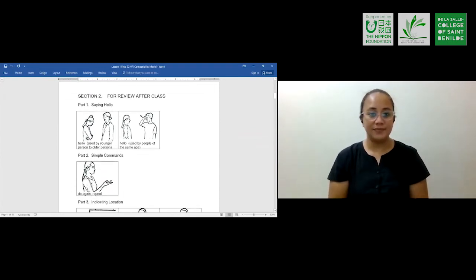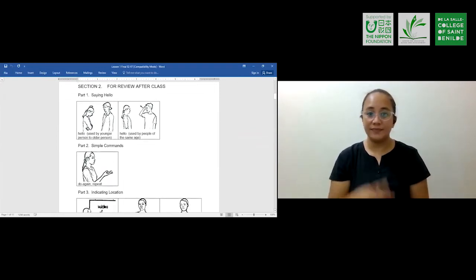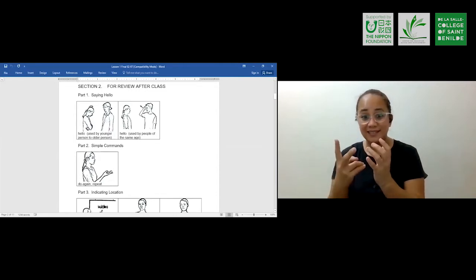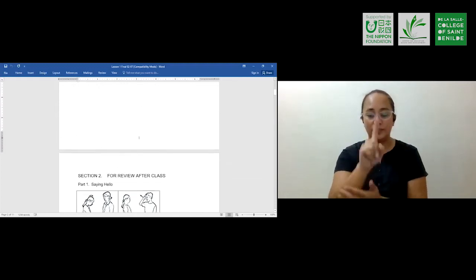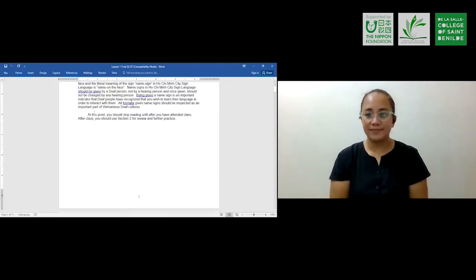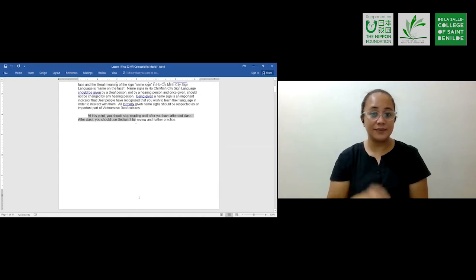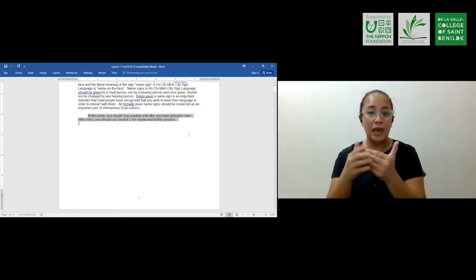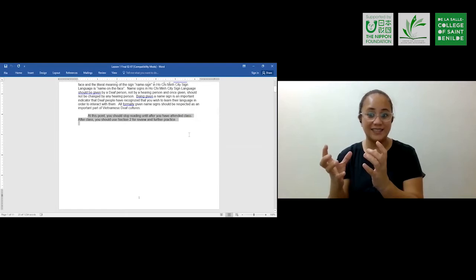Okay, as you can see here, section 2, for review after class. Again, if we go back up to the first page, it says, at this point, what I have highlighted, at this point, you should stop reading until you have attended class. So you should not go any further.